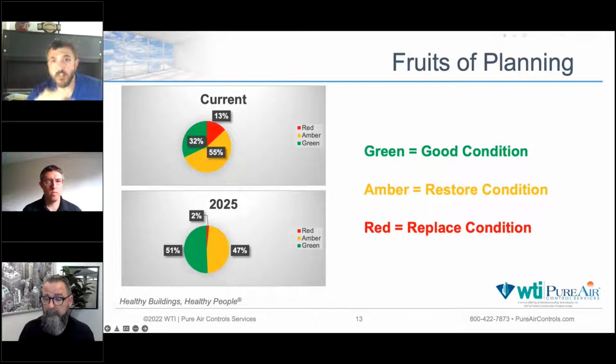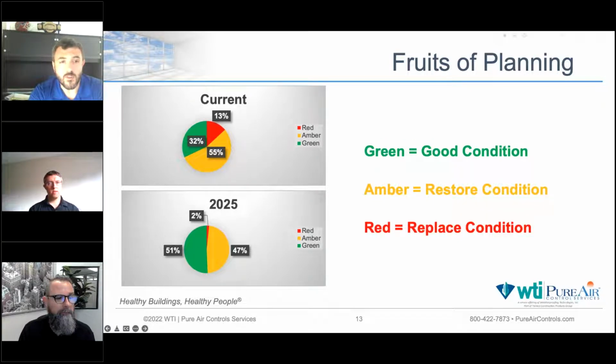But the reason they're going to knock down some of those reds is because the executives and the board are interested in doing that because it's a great financial story for them. Because as you see here in this example, if you look at a set of air handlers, about a third of them are in great shape, a little over half are in okay shape, and 13% more in red.